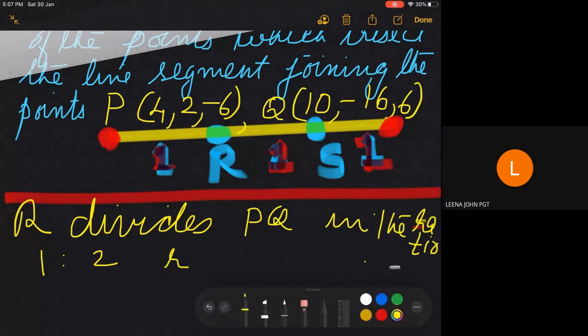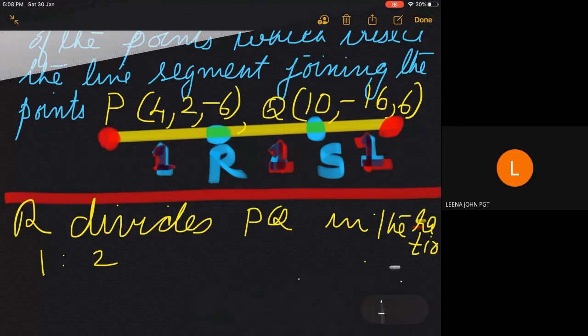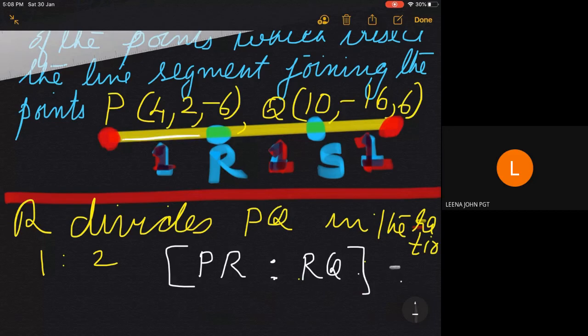Why is it so? In brackets you can write PR is to RQ: this much is 1 and this much is 2. So 1 is to 2.